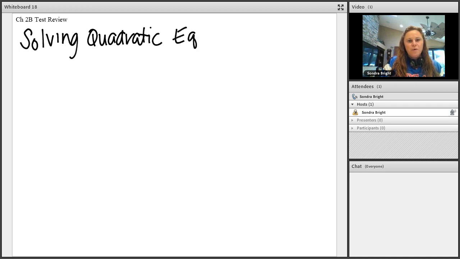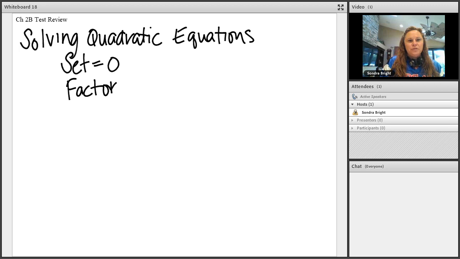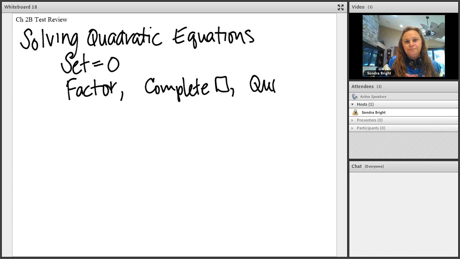What you need to know is you definitely need to set your equation equal to 0, and then after that you want to factor, you could complete the square to solve it, or you could use the quadratic formula.